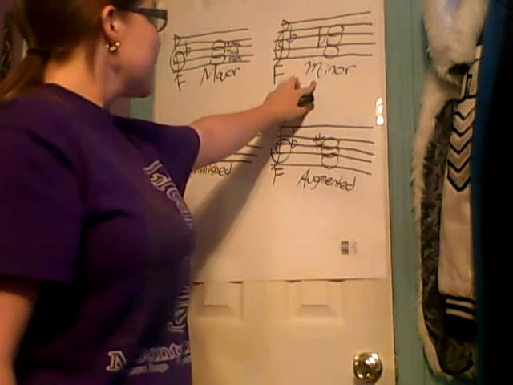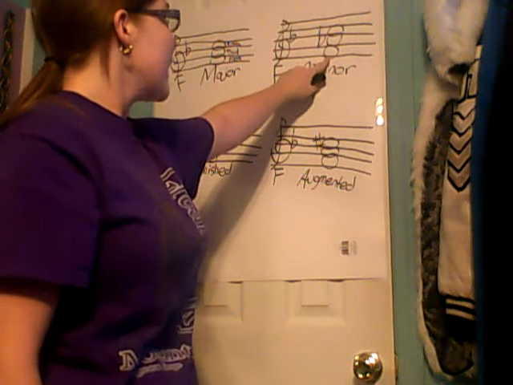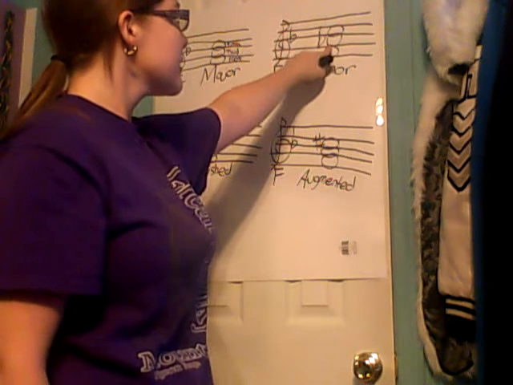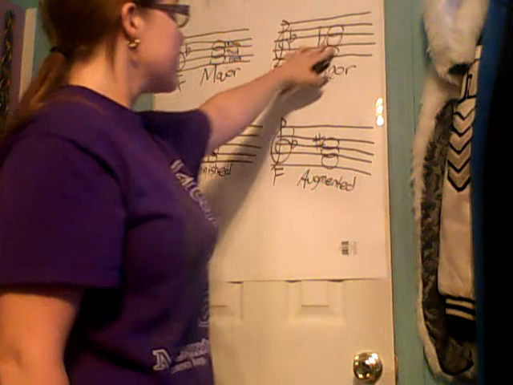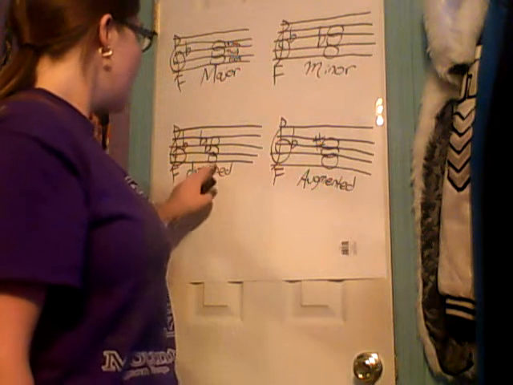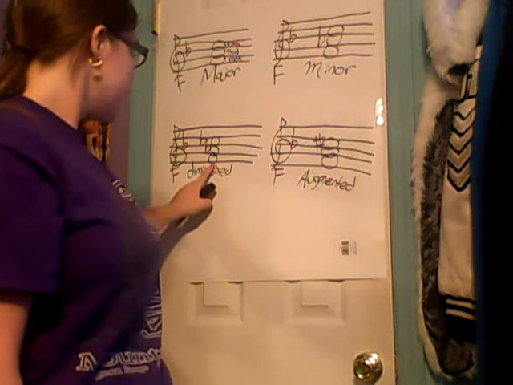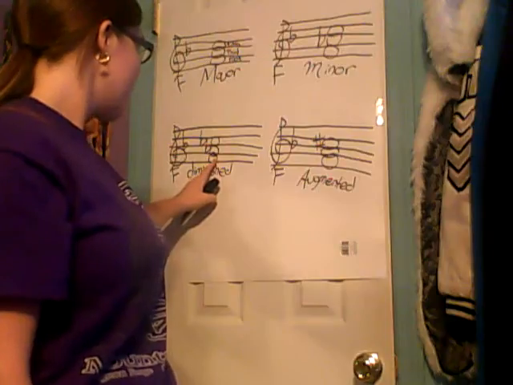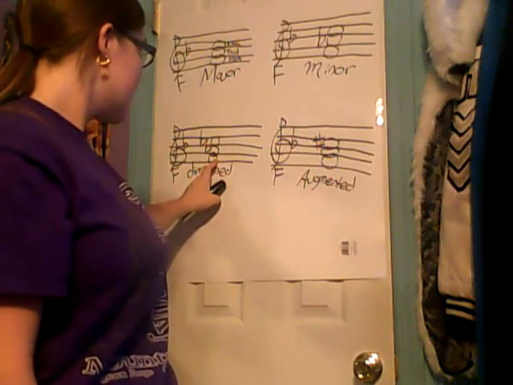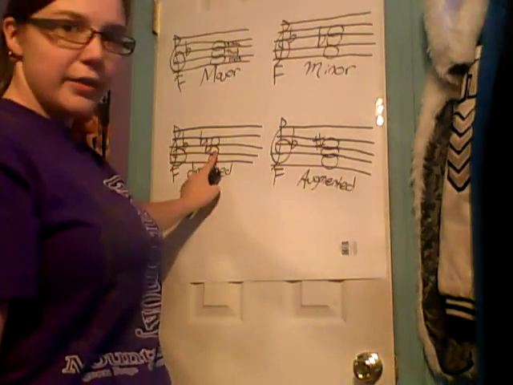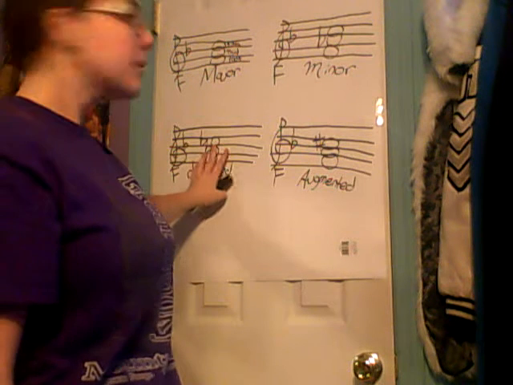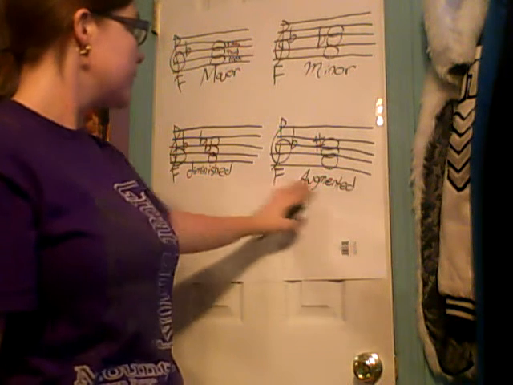And then for minor, the root will stay, the third will be lowered, and then the fifth will be the same. But for diminished, you have your root, which is the same, the flatted third, and a flatted fifth. That would be your diminished.